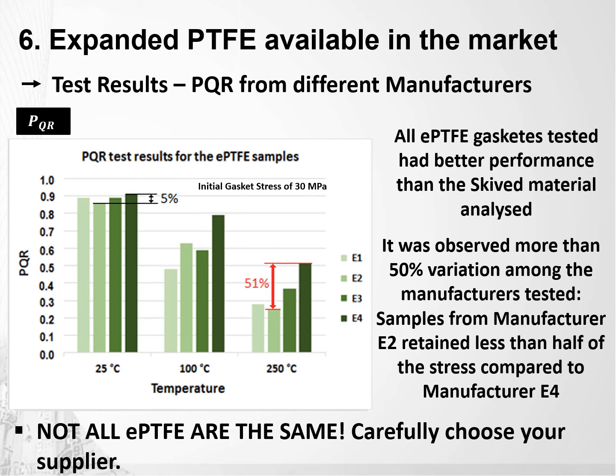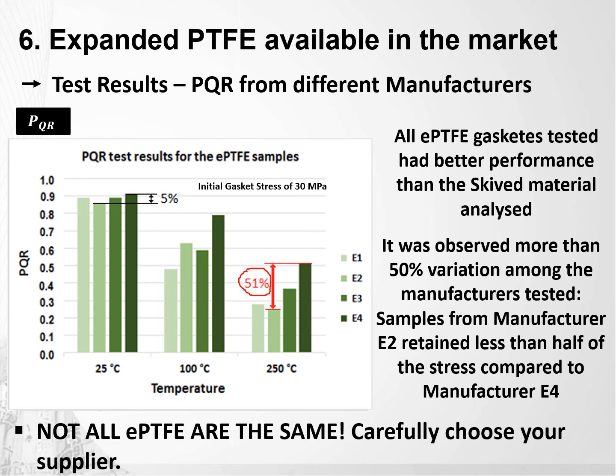The results did not surprise us. The performance gap among manufacturers is considerable. Even though all ePTFE gaskets tested had much better performance than the skived material analyzed, it was observed more than 50% variation among the ePTFE products.